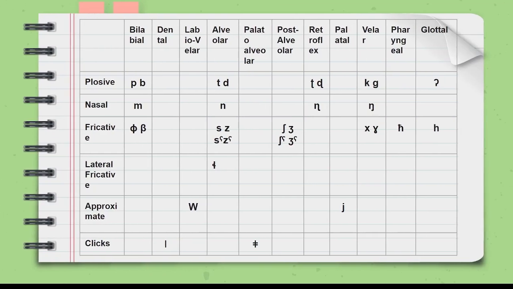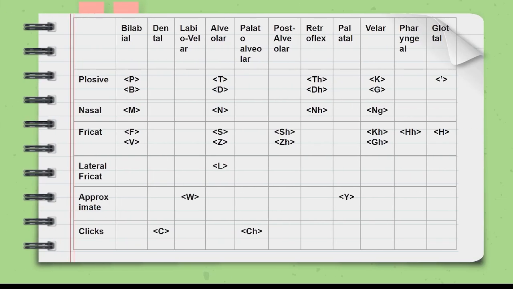The consonants in Nhchango are p, b, m, v, w, t, d, n, s, z, sh, j, y, k, g, ng, and more. As you can see, the different consonants are represented using this chart.